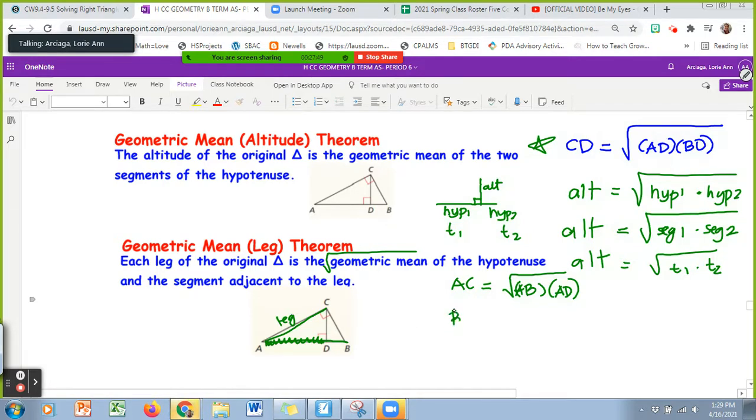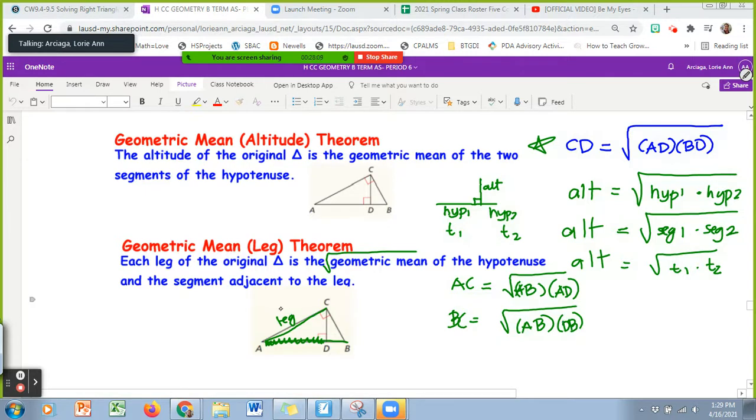Alternately, if you want to find BC, it's equal to the square root of the hypotenuse again, which is AB, times the portion of AB that's adjacent to CB. So it's going to be DB, right? So DB.